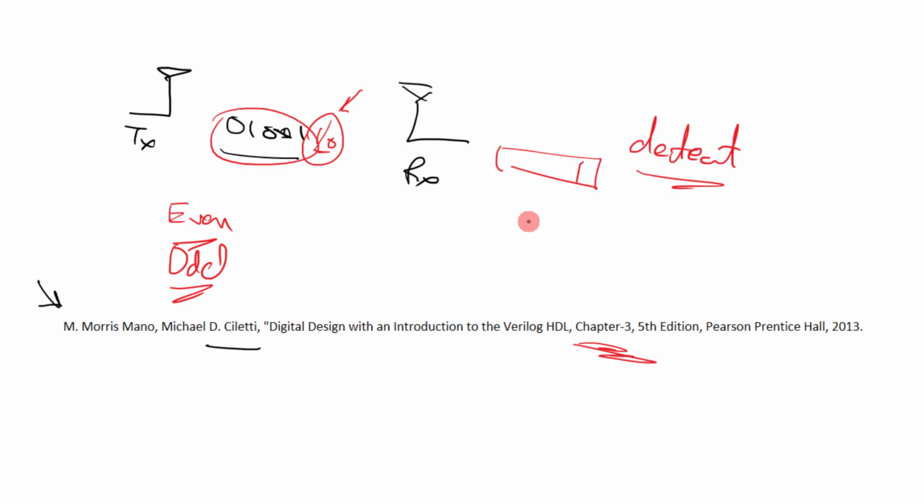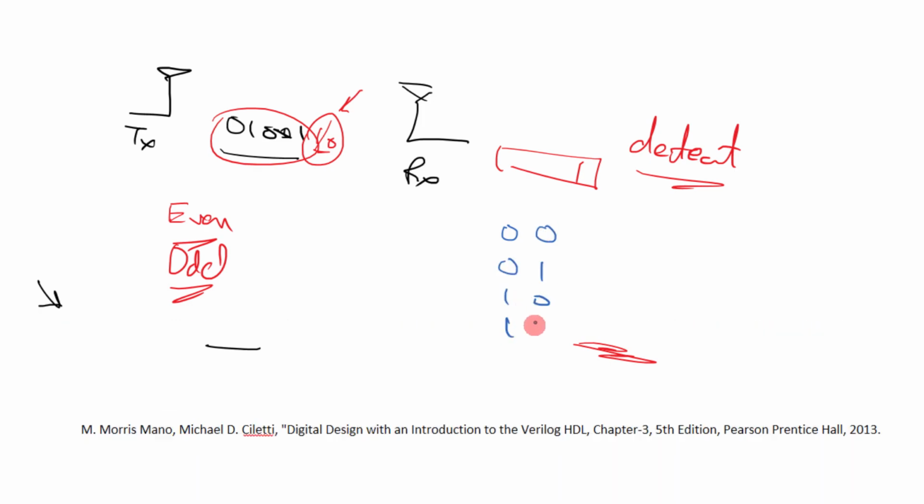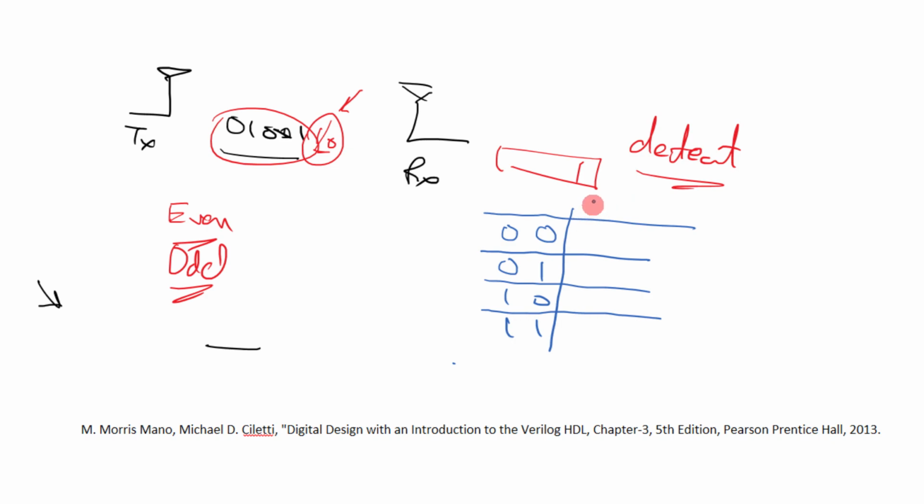Let's suppose you have a 2-bit parity checker. In this case, you have 00, 01, 10 and 11 in an even parity error check circuit.